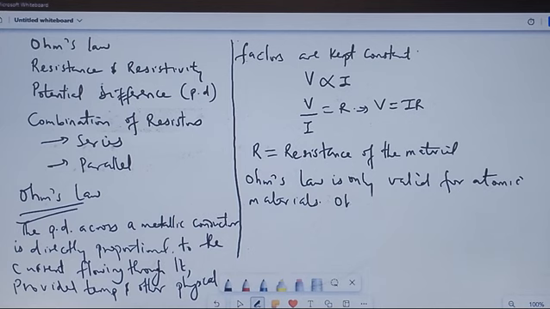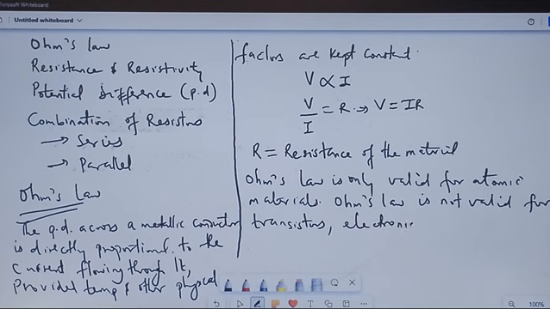Ohm's law is not valid for transistors, electronic diodes, and tungsten wires.